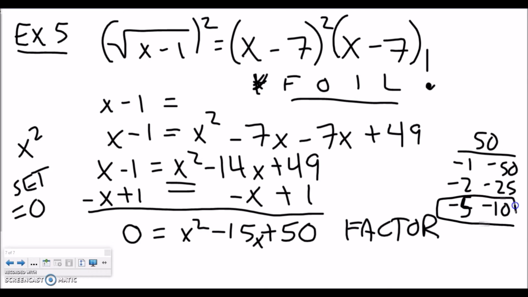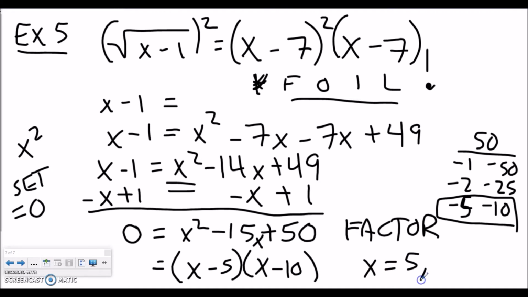And there it is, minus 5 and minus 10. So x minus 5 and x minus 10. So when we solve those, x is 5 and 10. But we have to check that. Does that work?